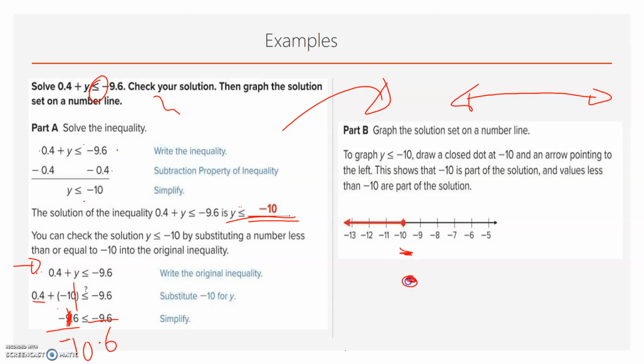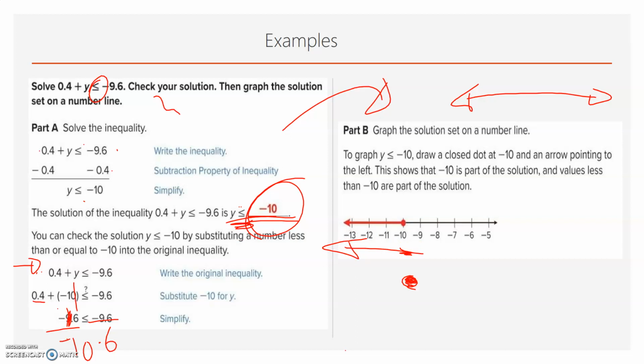A closed dot. Where do I put this closed dot? Obviously from the answer we just gathered, which is negative 10. Less than or equal to, that means it's just going to keep going to the left.